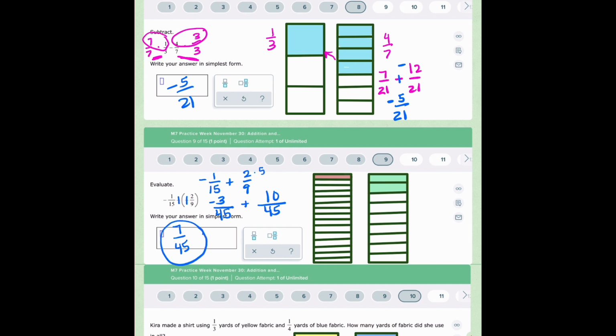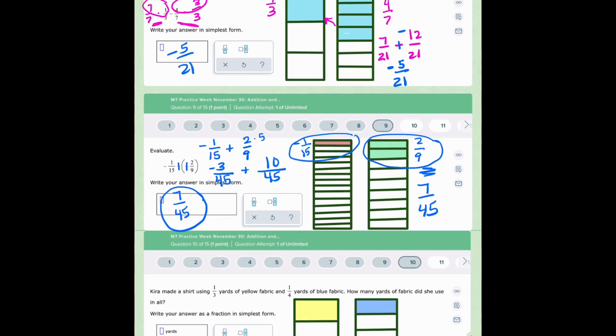But notice what we're doing is this, I made this red so you can see this negative 1/15 as a negative. And then over here we have this 2/9, and because it was minus, minus, it became plus. And so you can see that tug of war between the good guys over here and the bad guys over here. And the good guys are going to win this time. They're going to win by 7/45.